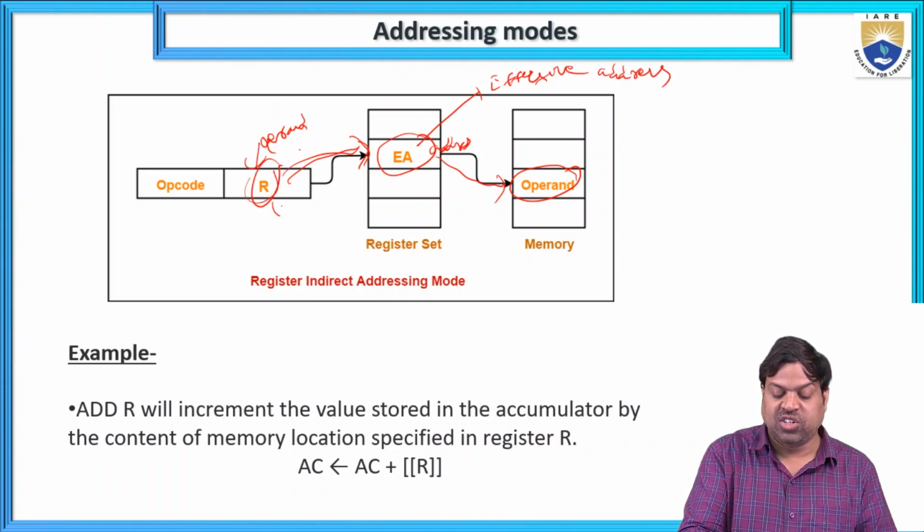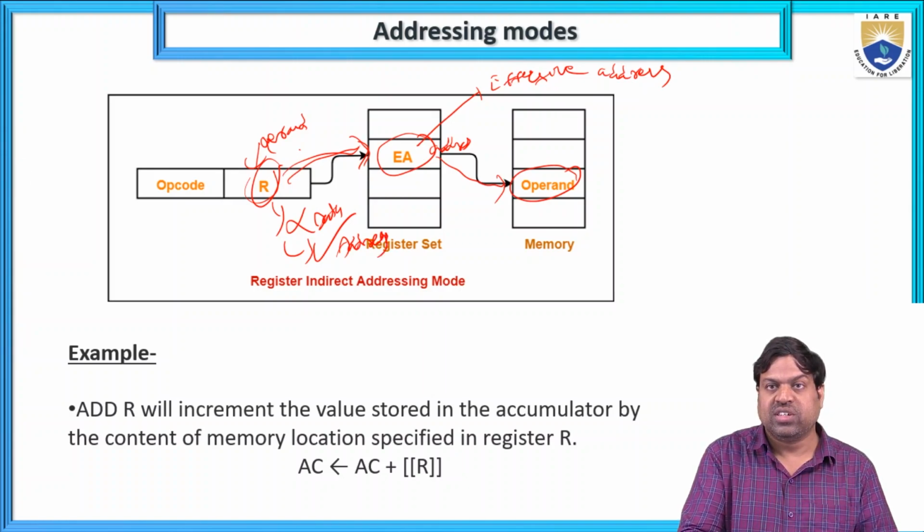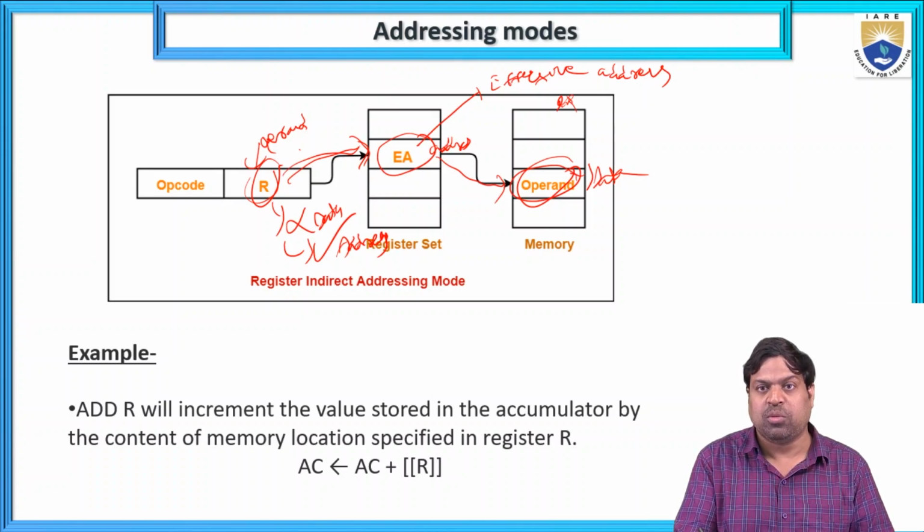So this register is defining not the data, it is defining the address. Go to that address and take the value. That value will be stored in memory. Okay, it is stored as data. It is defining a memory. Go to that memory and take the data through the operand.